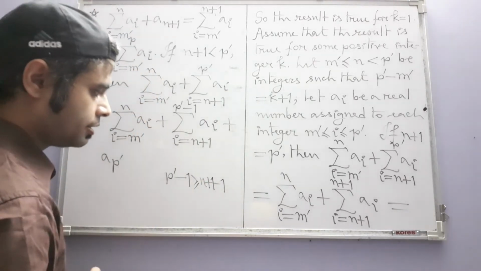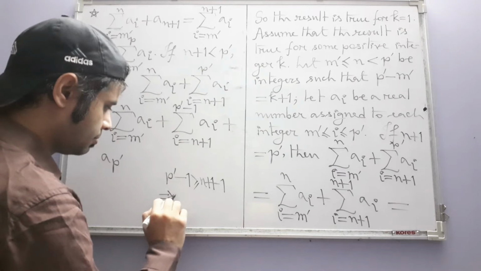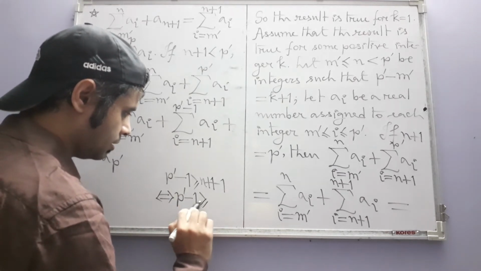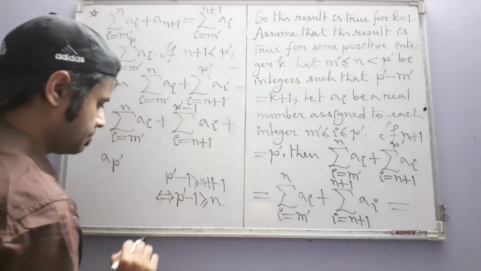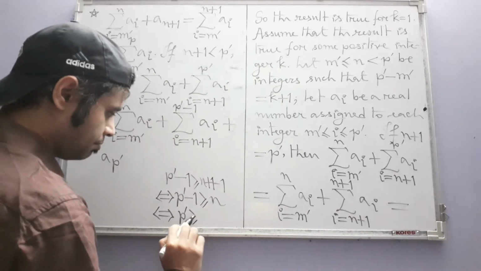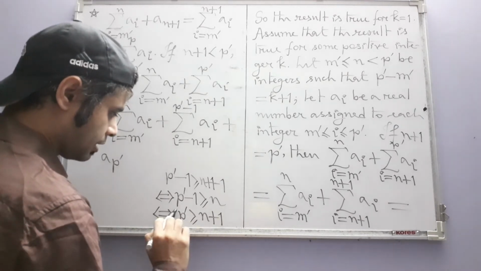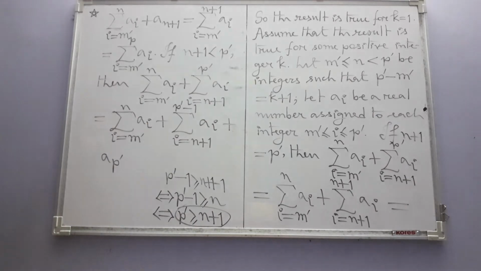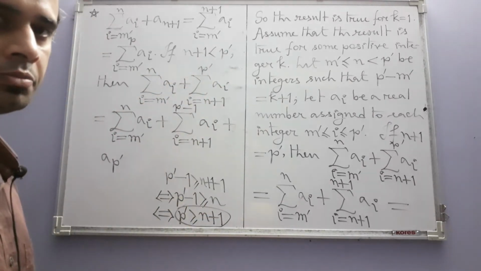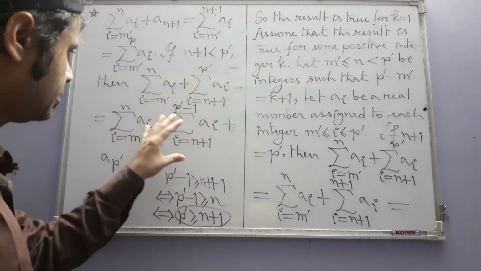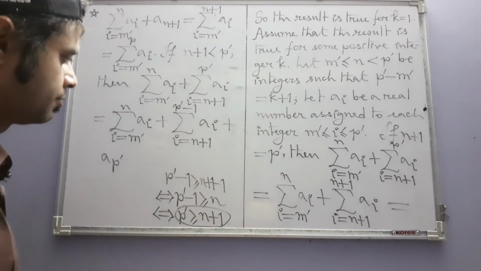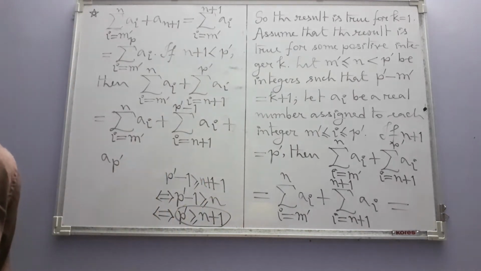Is this inequality true? This is equivalent to p prime minus 1 being greater than or equal to n, or p prime being greater than or equal to n plus 1, and this is true. In fact, in our present case, n plus 1 actually is strictly less than p prime. So writing this plus this in place of this second series is justified by our original definition.